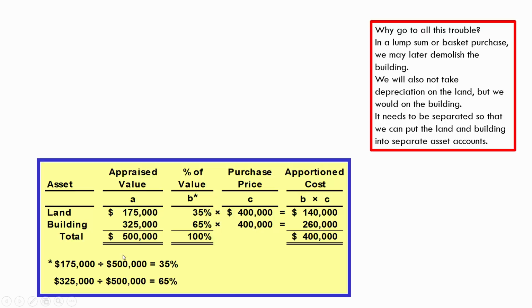Now the 35% that is calculated here is 175 divided by the 500. The 65% is 325 over 500. So roughly 35% of the value of the 400,000 needs to be put into the land account, and 65% needs to go into the building account.